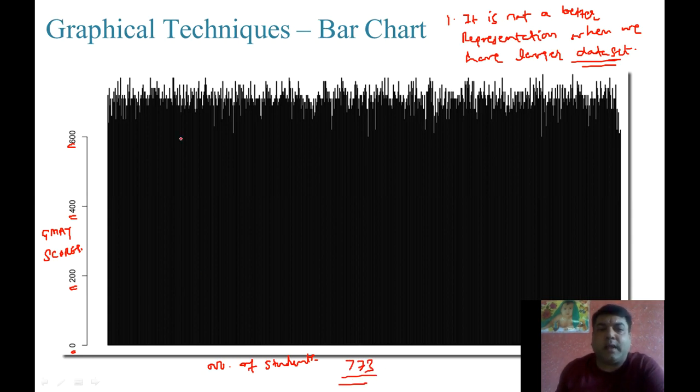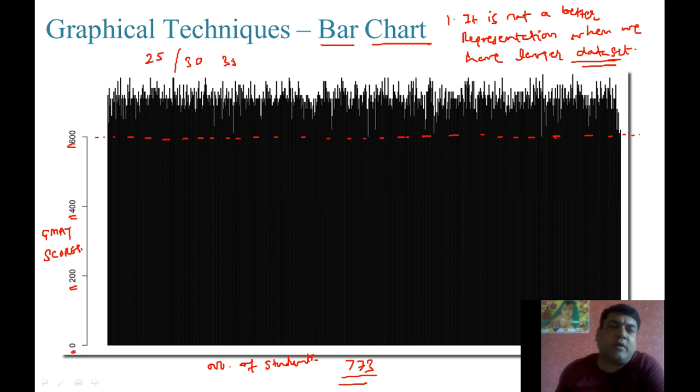You cannot make out a single bar separately, right? The only understanding you can get from this plot is that probably every student in this data has scored more than 600 marks. That's it. Not more than that can you make out of it, right? And that is why a bar plot is only significant when we have a smaller data set, like 25 observations, 30 observations, 35 observations.